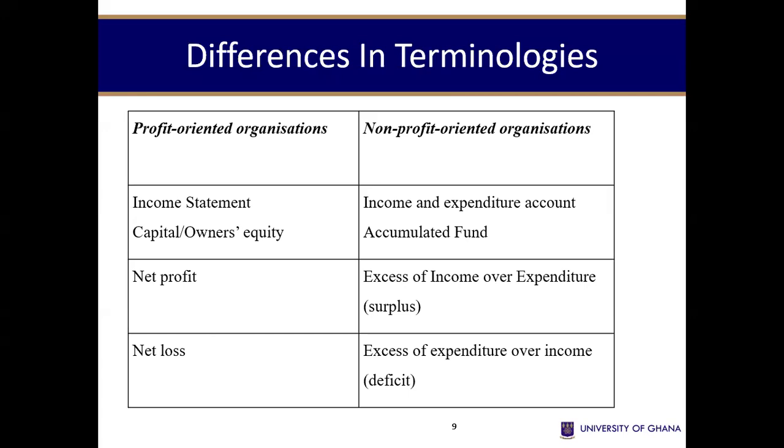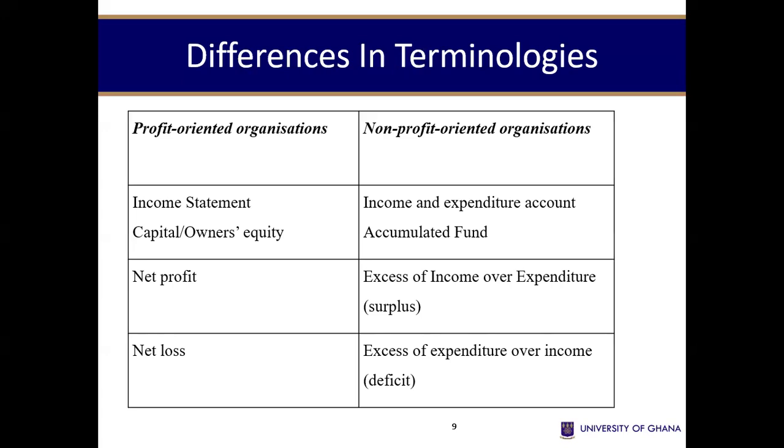So we'll see excess of income over expenditure or surplus. Okay. And then we don't see owner's equity. As I mentioned earlier, what we see is accumulated fund. How much has the non-profit organization accumulated in terms of funds? Okay, but it takes the same concept as we have in the accounting equation. So your assets minus liabilities will give you your accumulated fund.